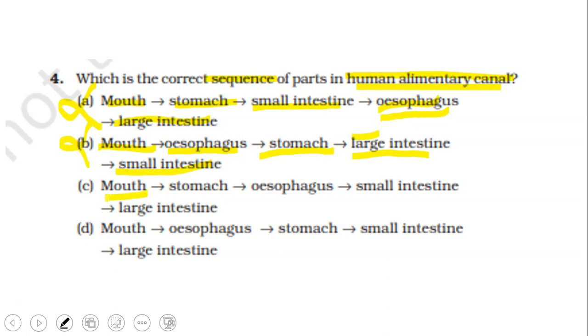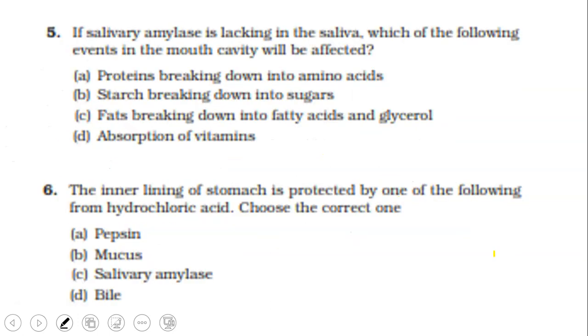C, mouth, stomach, esophagus, small intestine, large intestine. This is also false, because here after the mouth we have the stomach and then the esophagus, but the esophagus comes before the stomach, which leaves us with D. Mouth, esophagus, stomach, small intestine, large intestine. This is the correct option. Answer is D.